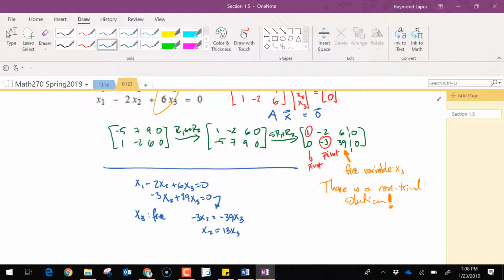Yes, because one is a leading term. We'll do that when we start looking at the solutions, and then we'll take a look at a picture of this too.